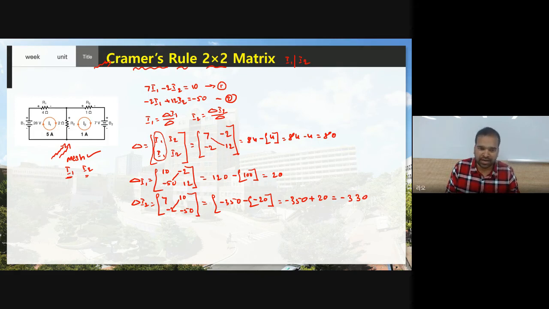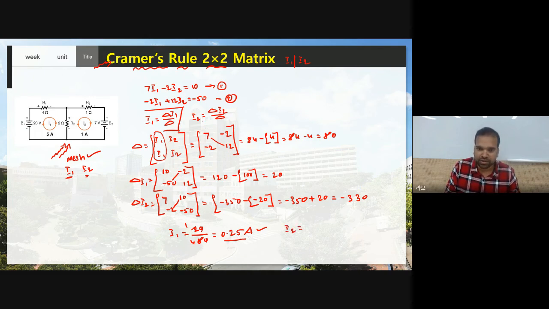Therefore you know delta, delta I1 and delta I2. Therefore I1 equal to what? The formula is delta I1 by delta. Here delta I1 is 20 and delta is 80. Therefore we can cancel the zeros, and 2 ones are 2, 2 fours are 8, therefore 1 by 4. You can write 0.25 ampere. Now you can say 0.25 ampere is the mesh current in loop 1. Now how to find I2?